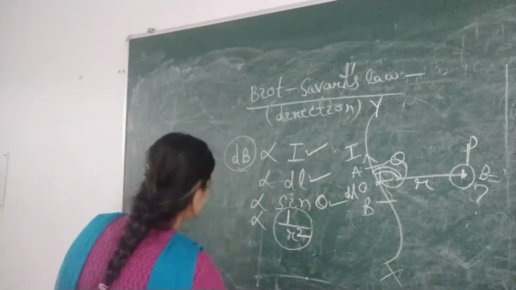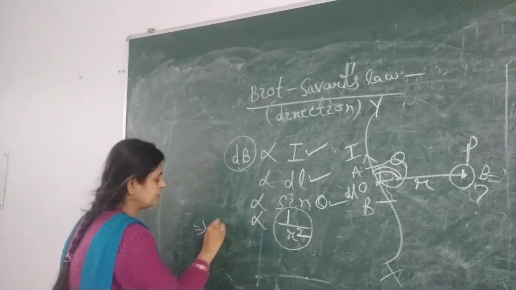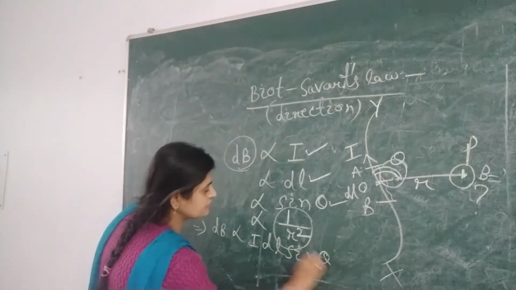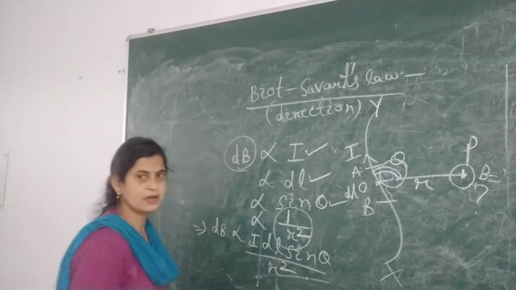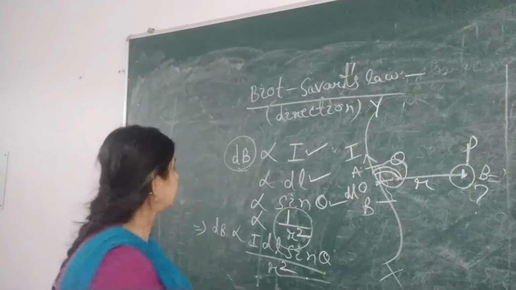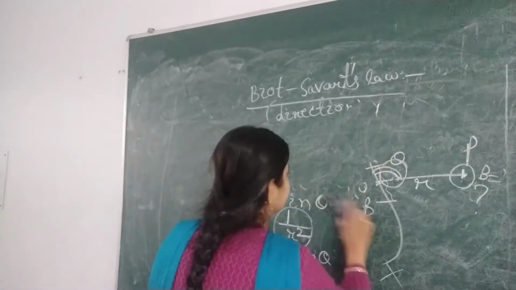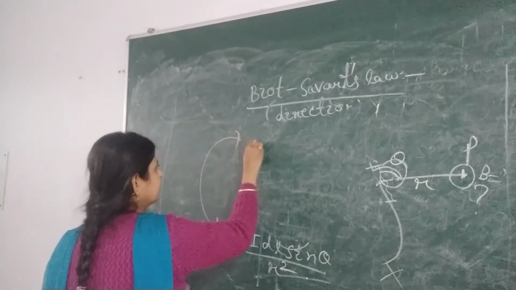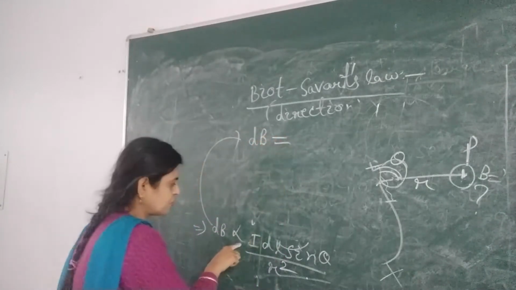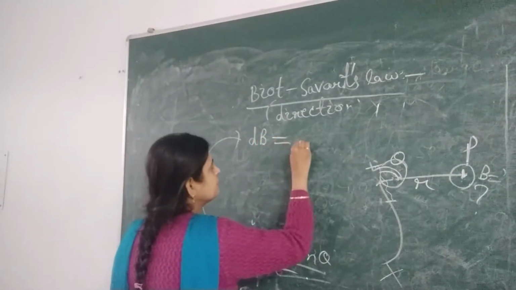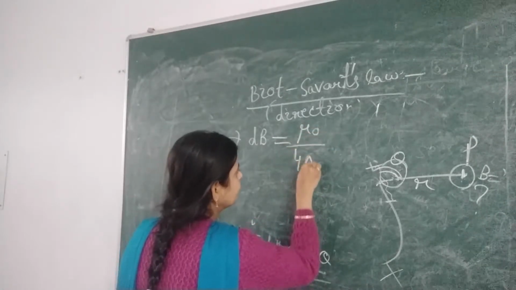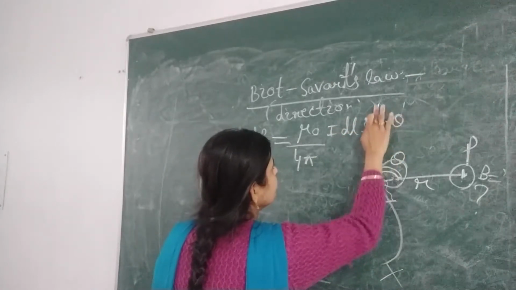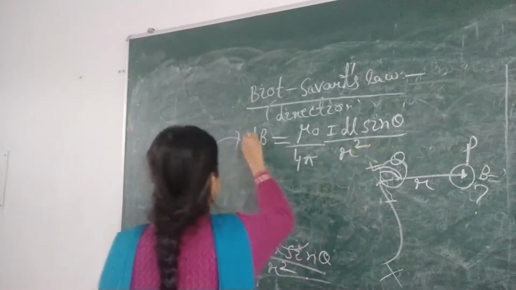Now, if you combine all these, then we can write dB is proportional to I dl sin theta divided by r square, or we can write dB is equal to some proportionality constant, that is mu naught by 4 pi, into I dl sin theta divided by r square.